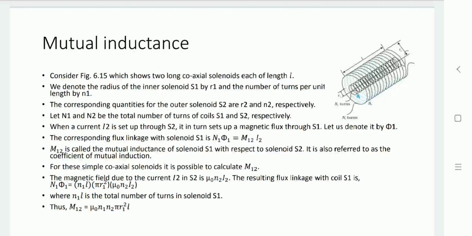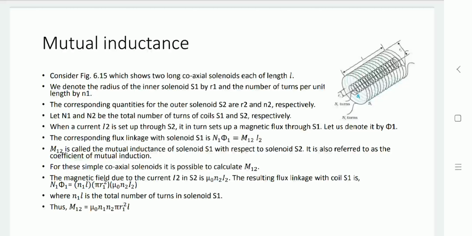That current equation gives the field mu 0 N2 I2. So N1 phi 1 we have N1 L, that is the total number of turns in S1, times pi R1 square, that is the area of the circular path for S1, times mu 0 N2 I2.